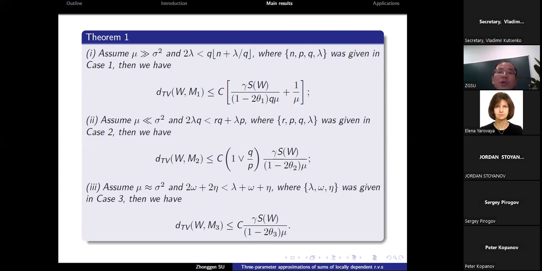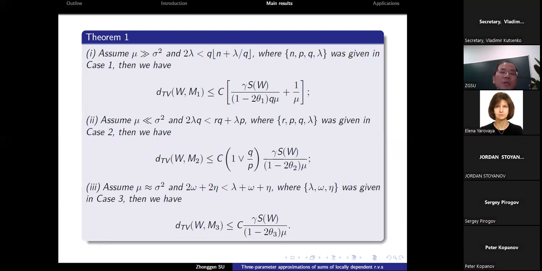If mu is bigger than sigma squared, we use M1 to approximate W. Under this case, the total variation distance is controlled by an upper bound, which depends on some parameters and gamma and S of W introduced above.